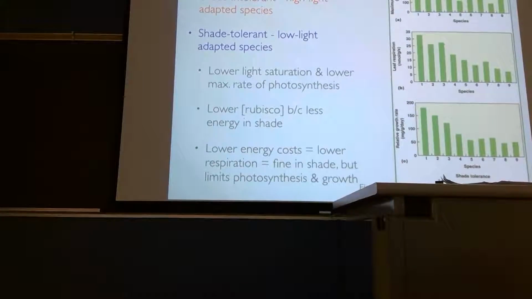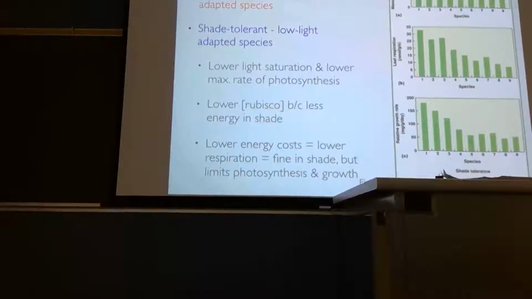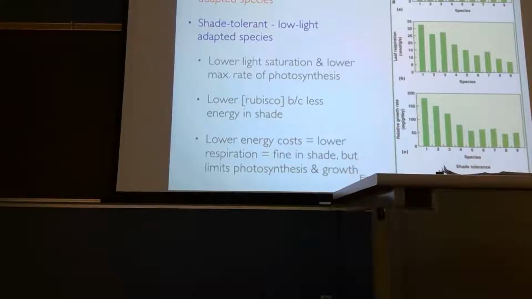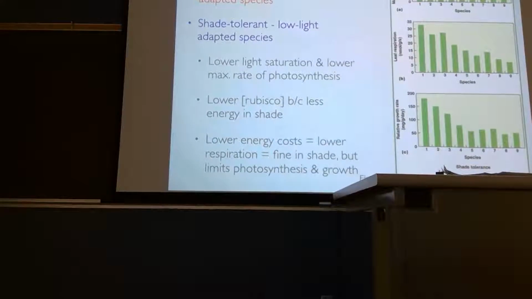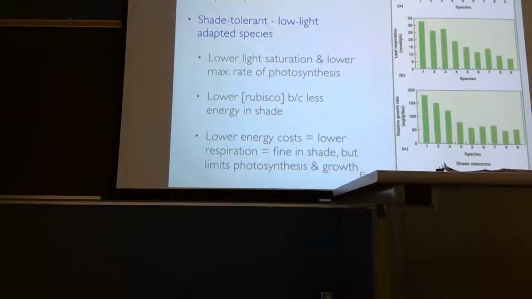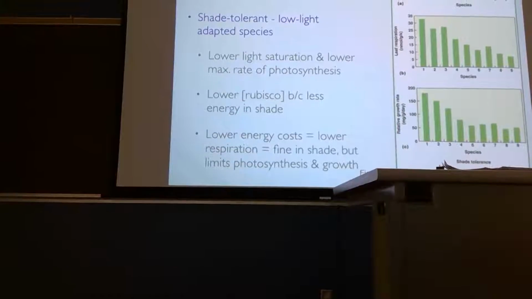The reason that they have a lower light saturation point and a lower maximum rate of photosynthesis is that they have a lower concentration of rubisco, one of the really important proteins in the photosynthetic process, in their cells. And with lower rubisco levels, it means that your respiration is less, and so you can live in lower light conditions.